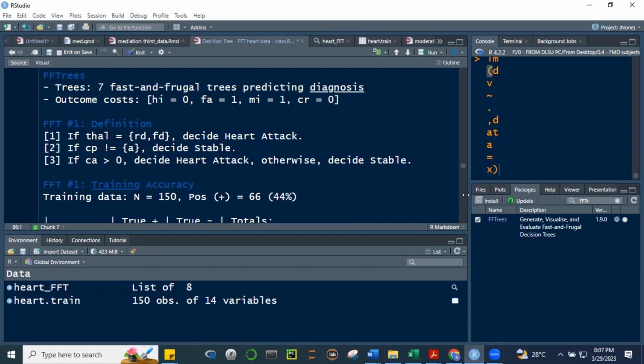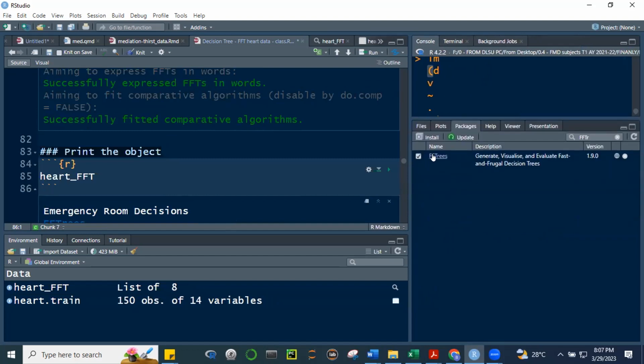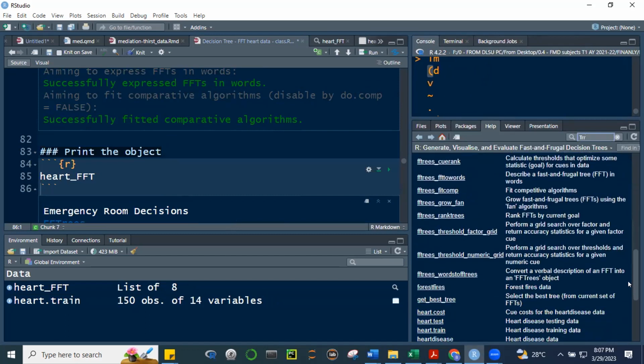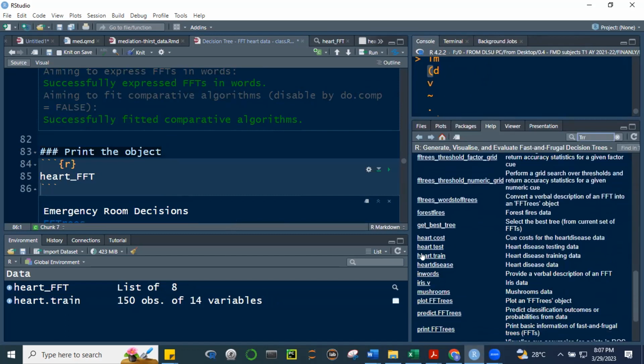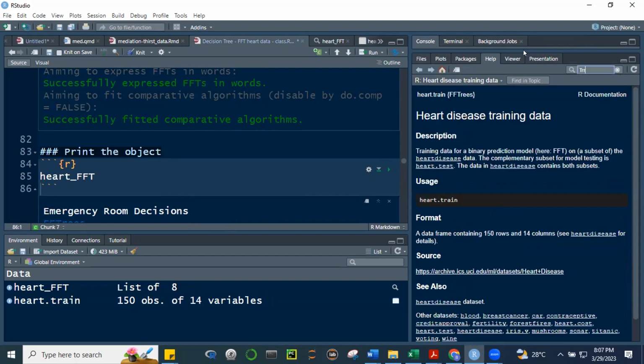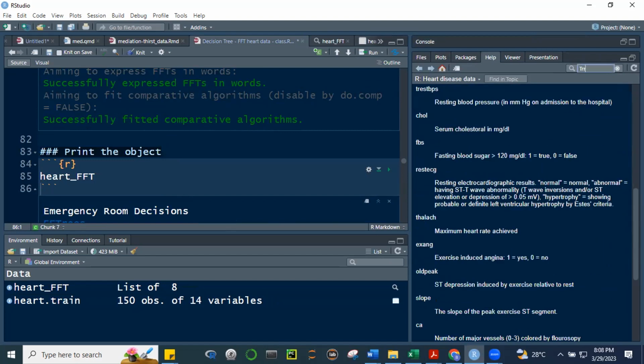Let me check heart.train, I just want to see its metadata. Alright, here. What is thal?